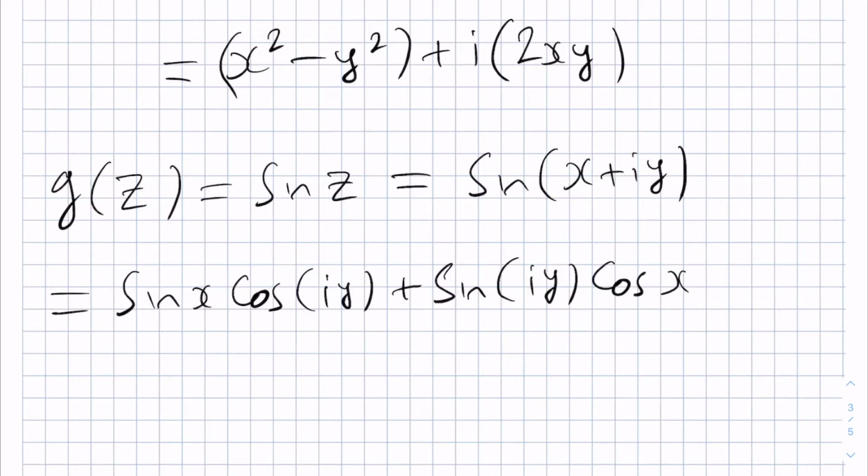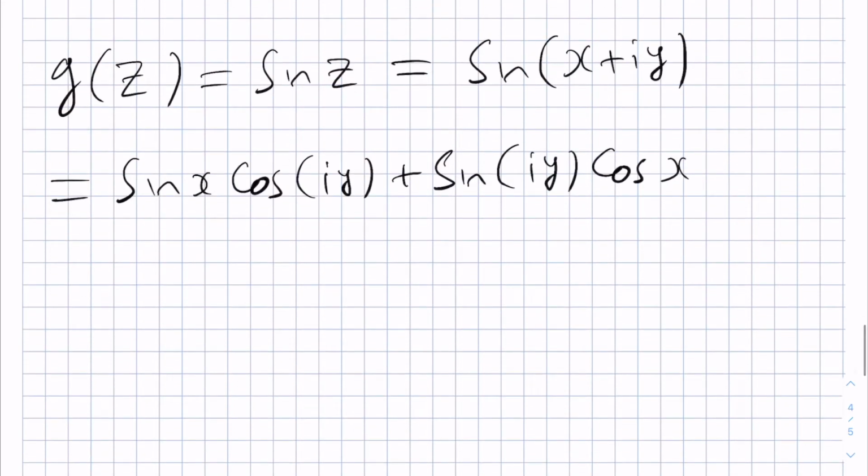Then, to get the real and imaginary parts, we need to understand these sine of iy and cos of iy. To do this, we use the trigonometric formulae in terms of complex exponentials.